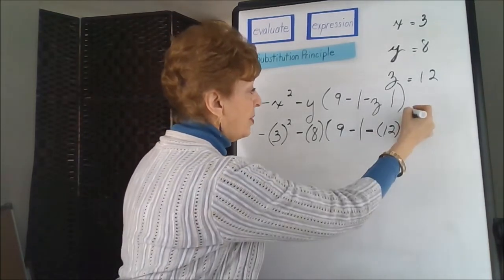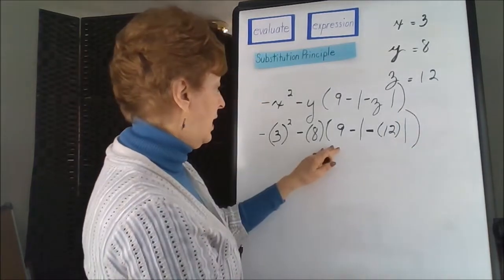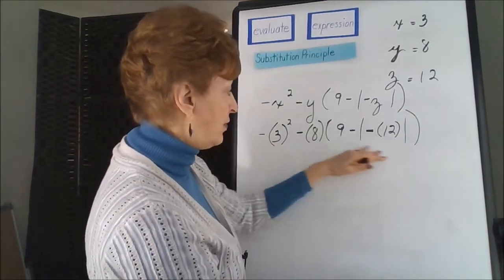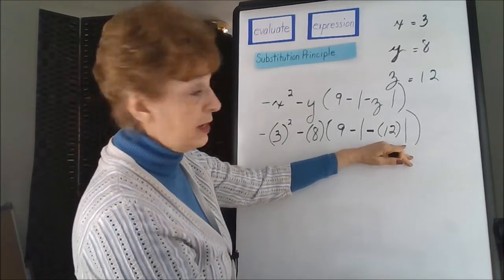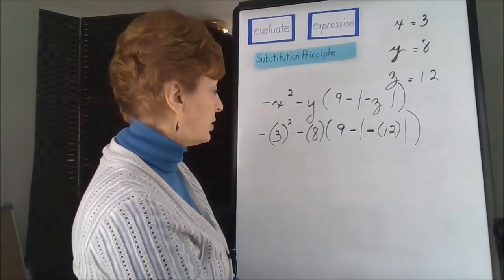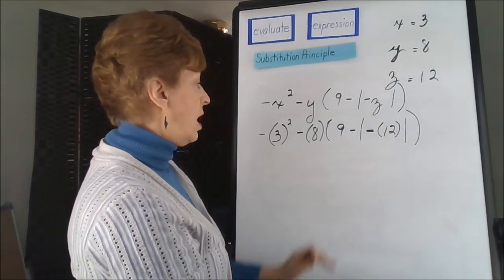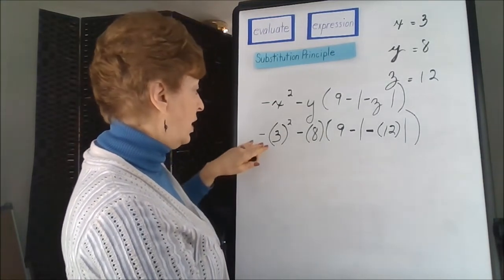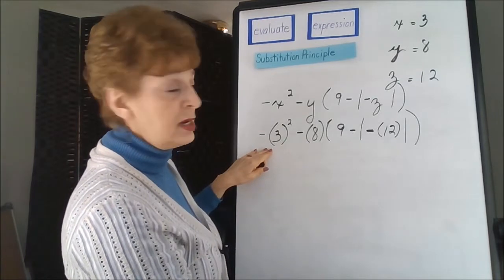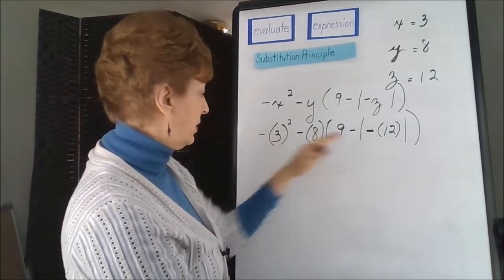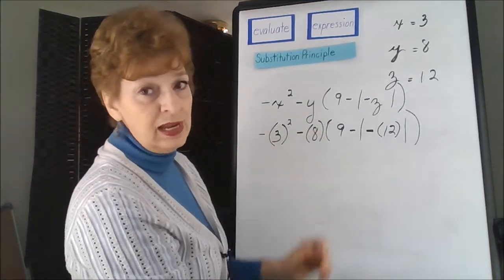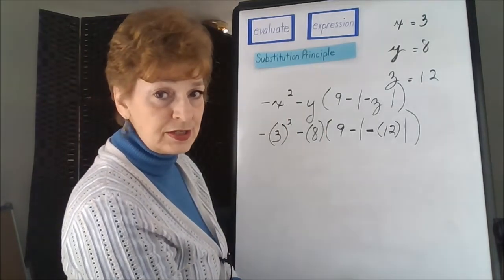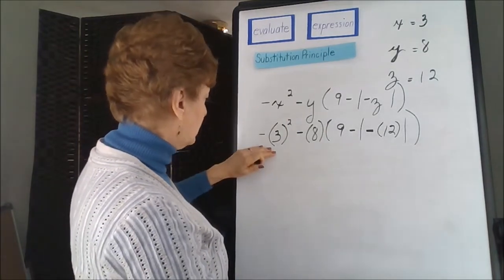So this set of parentheses, we have to do something in there before we can let that number out as a single term. So this one is one of the most complicated ones going on. We also could do the powers in the same step because they are of equal value on the order of operations chart.